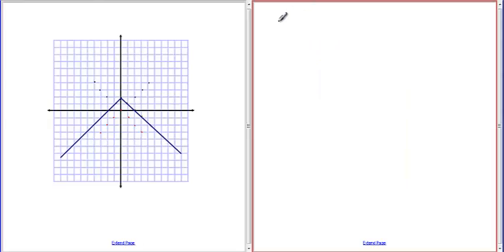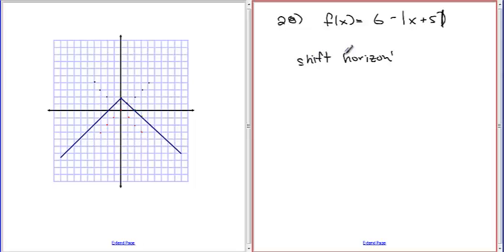And let's see what we have. 28, another absolute value function. f of x equals 6 minus the absolute value of x plus 5. So first we have a shift. Got to write shift instead of swift. Shift horizontally 5 units to the left.